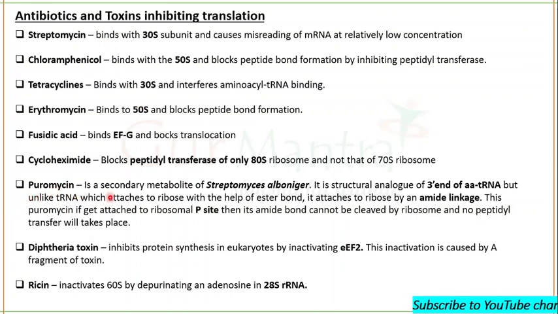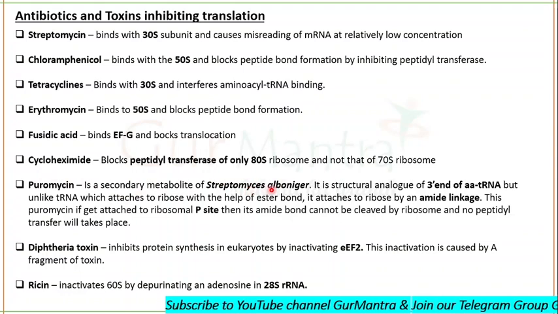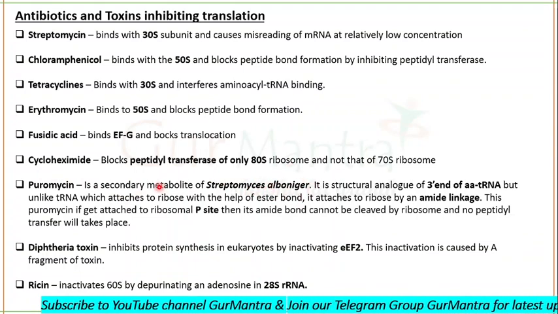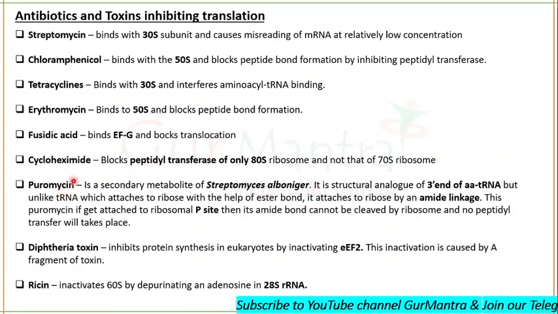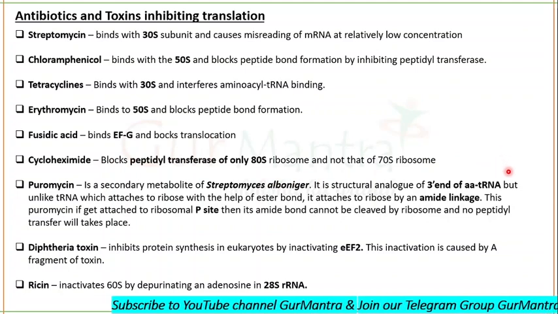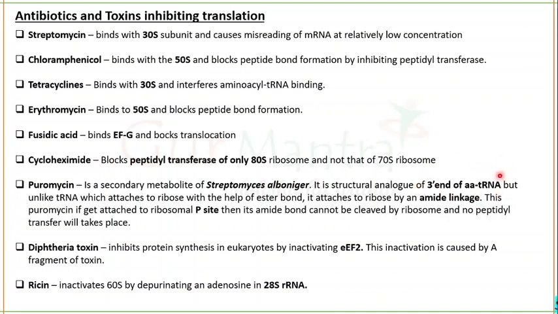Next is puromycin. Puromycin is a secondary metabolite of Streptomyces alboniger. This puromycin is actually the structural analog of the 3' end of aminoacyl tRNA.